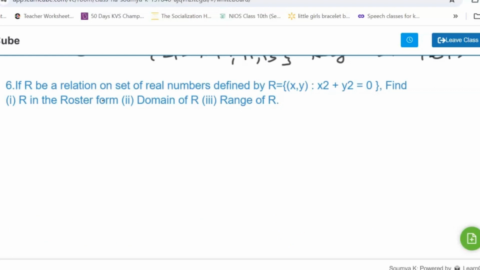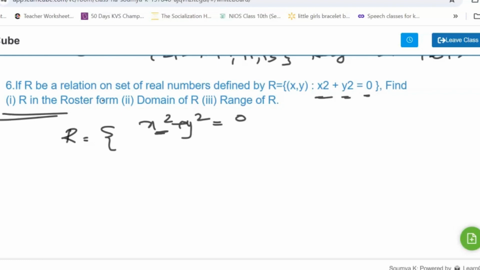Sixth question is, if R is a relation on set of real numbers defined by x comma y, and x square plus y square will give you 0. So we have to write the relation. So that means the relation will be x square plus y square should give you the element as 0. Okay, so do you have anything that gets added on and give you a result as 0?